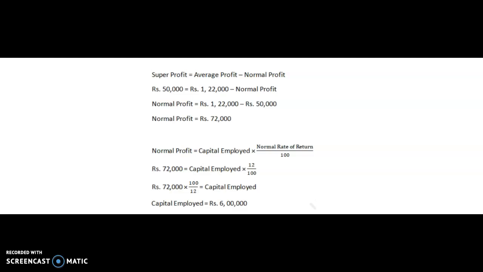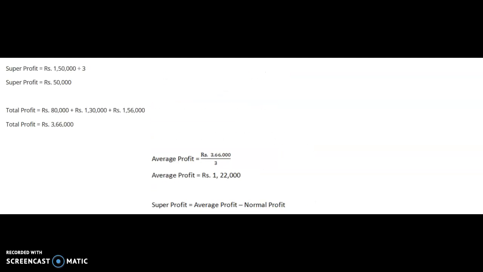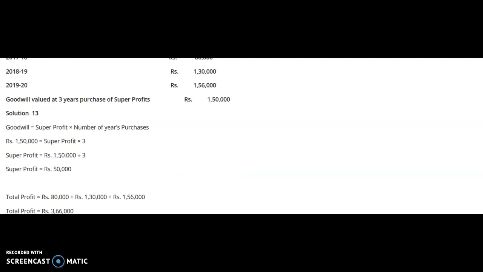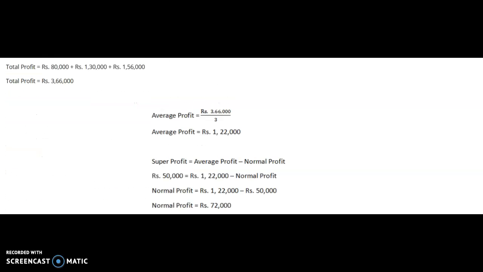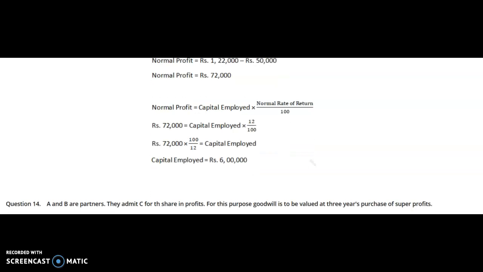Now the question is, we have to find out the amount of capital implied. How can we find it out? We can find it out on the basis of the normal rate of return given as 12%. Now 72,000 is the normal profit, and the rate of return is 12%. So the amount of capital implied is rupees 6 lakh.